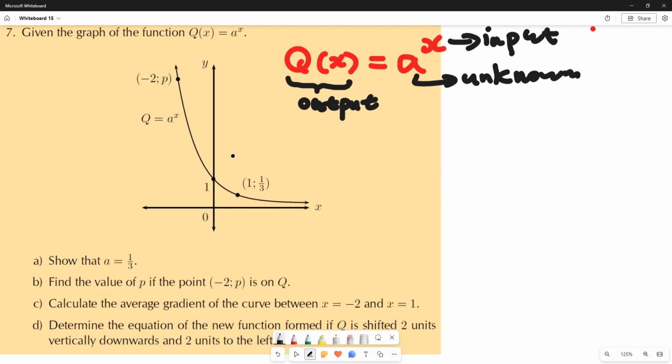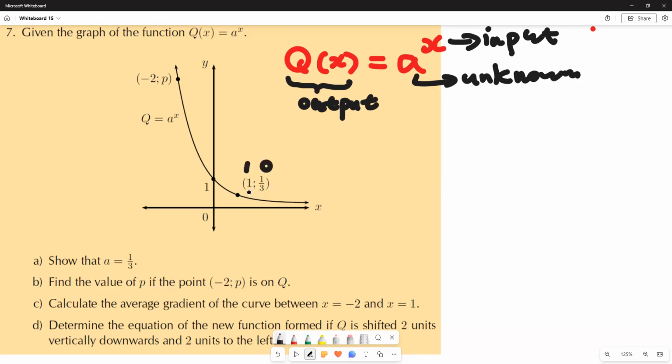Now the first question, they say show that a is 1/3. In this case I am sorted because I have one unknown and I have a point that is given on the graph. Remember, a point is the input, then this is the output.